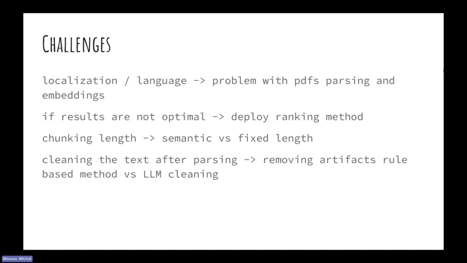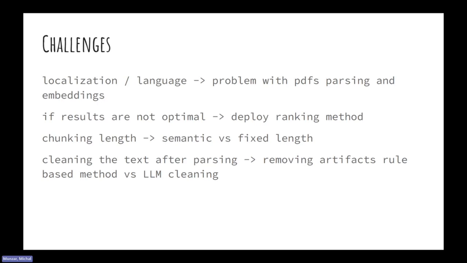And the last challenge that was recognized is cleaning the text after parsing, because, of course, PDFs can contain multiple artifacts, something like multiple dots, and those artifacts need to be removed. It could be done by some rule-based methods. For example, if you have two dots next to each other, remove the additional dots and only one dot remains.